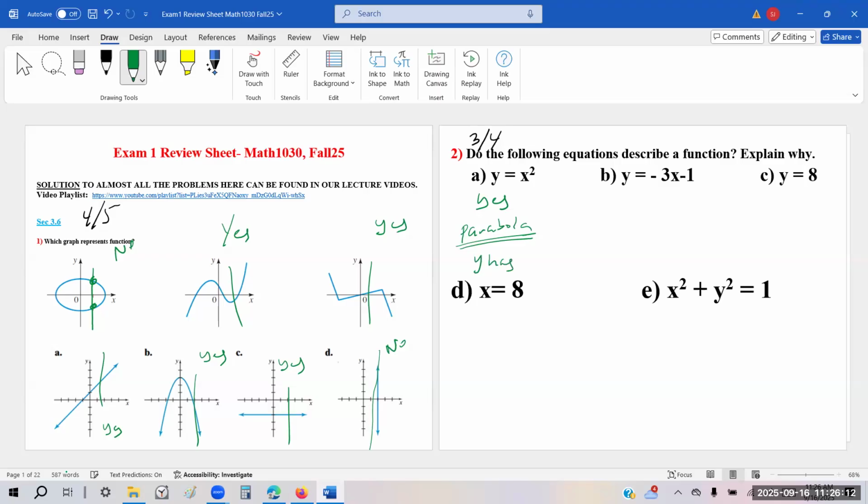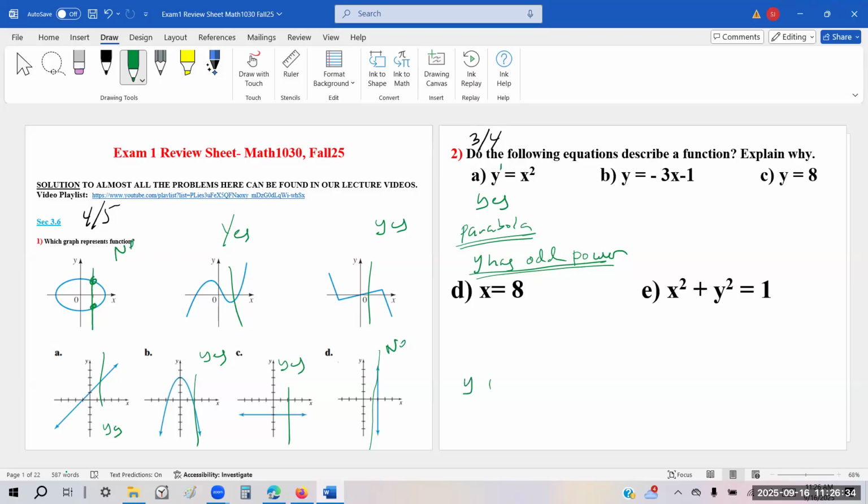Y has what type of power, odd or even? Odd power, because there is an invisible one. Y has odd power. So we only care about y. If y has odd power, it's a function. If y has even power, it's not a function.